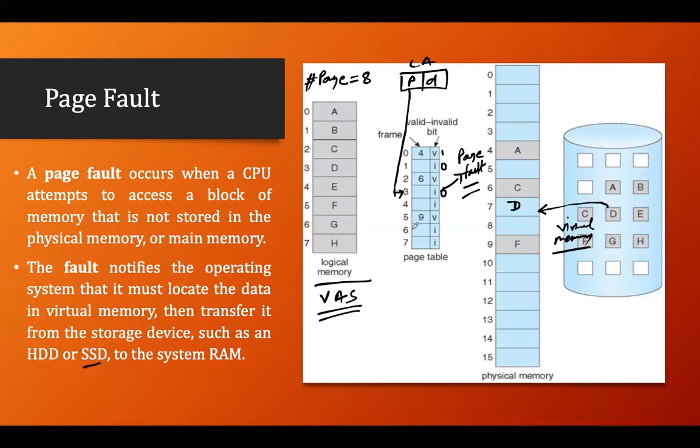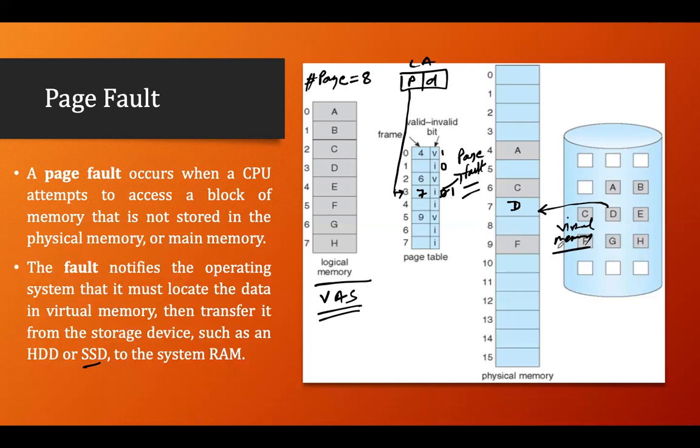Let's assume it goes into frame number 7. So in frame number 7, I got D, and now this bit will be updated to 1. So it becomes valid.